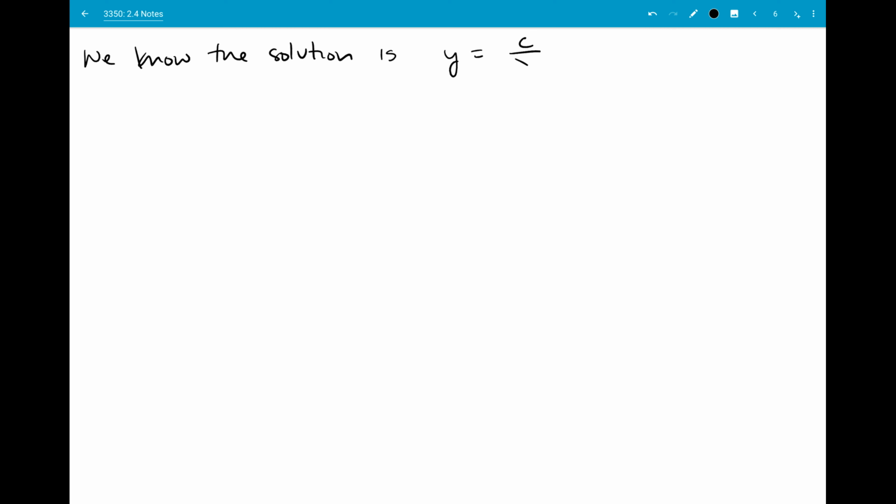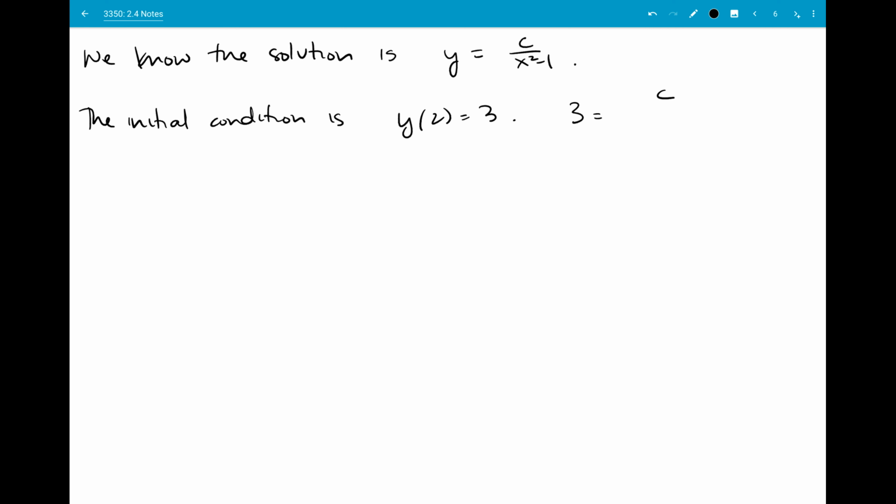So let's see. We know that the solution is y equal to c over x squared minus 1. And from here, it's just like any other differential equation that we turn into an initial value problem. So it's y of 2 equal to 3.